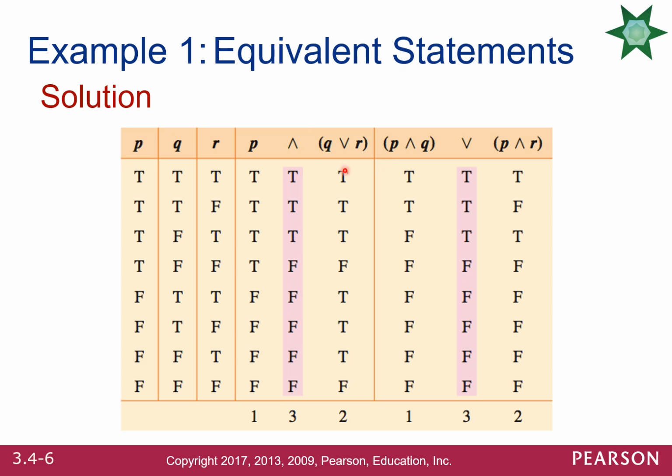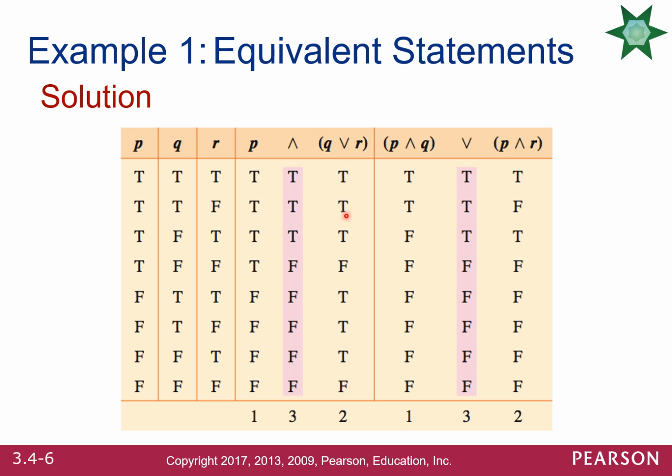So this time we are working with Q and R, these two statements. So true, true gives us a true, true, false gives us a true, false, true gives us a true, false, false results in a false. That's the only time that an OR will be a false. Then true, true is true, true, false is true, false, true again is true, and false, false is false.